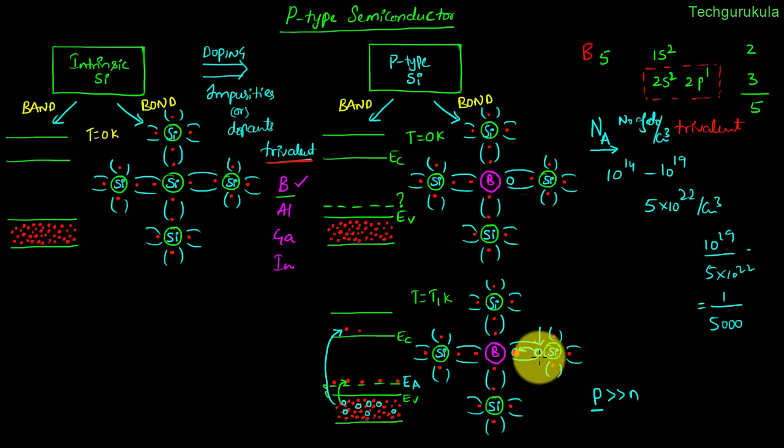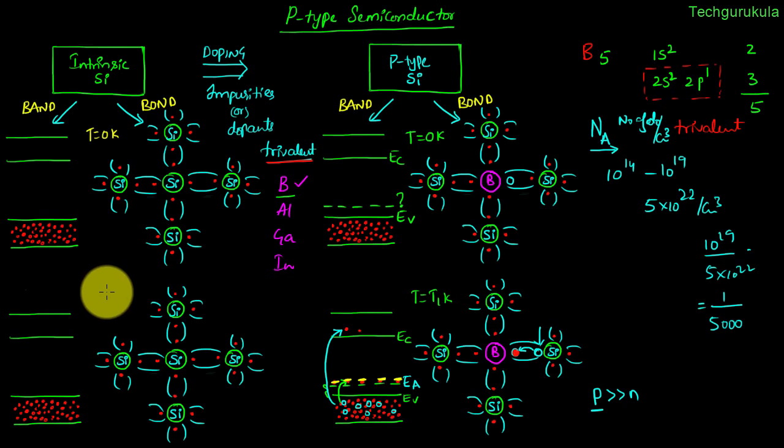Because it actually accepted an electron, this trivalent impurity we added becomes a negative ion because it has one electron extra compared to its neutral state. So now we can say the states which are filled with the electrons, we can call them the negative ions that are present here.